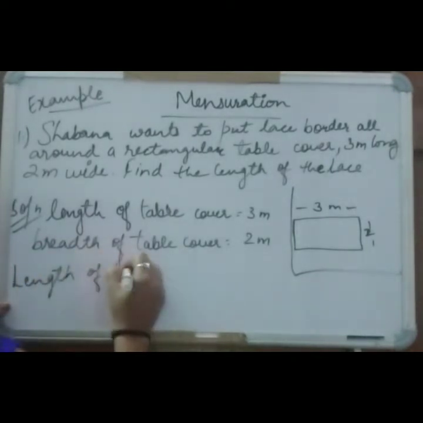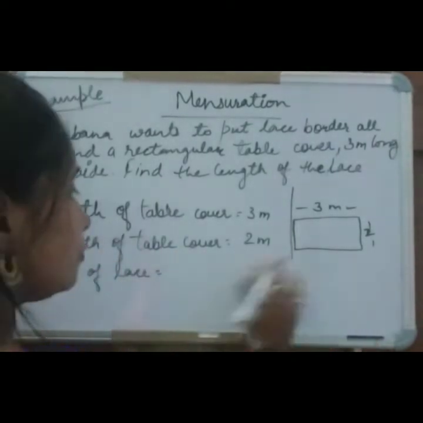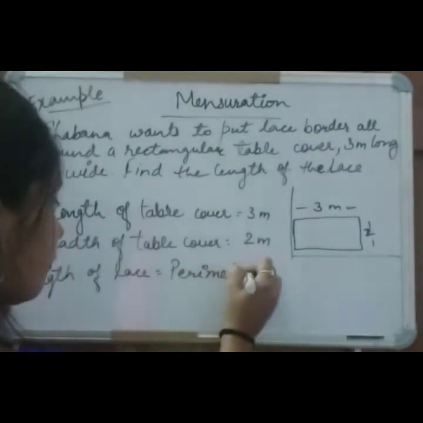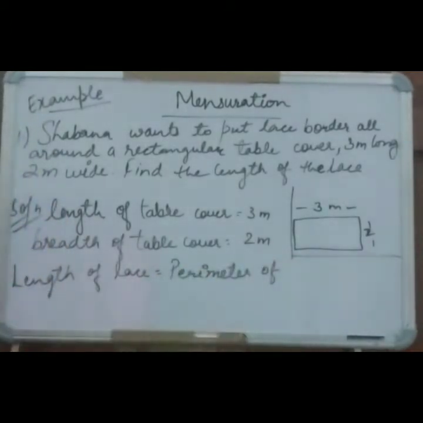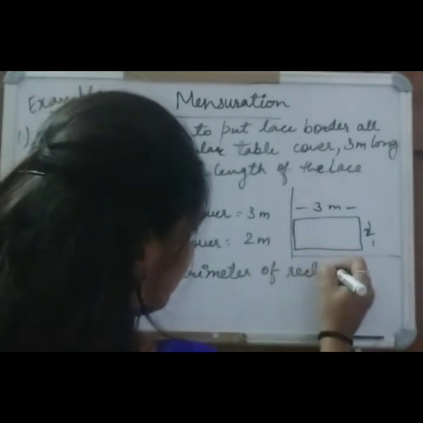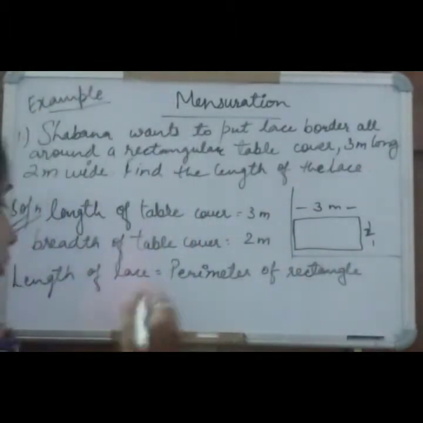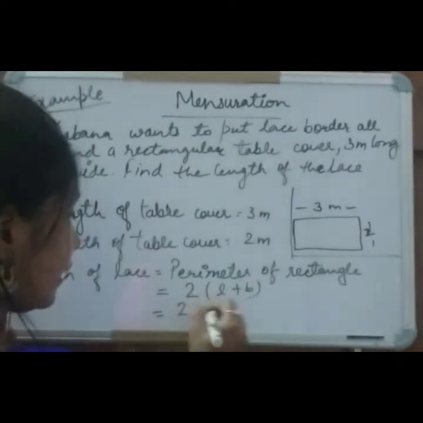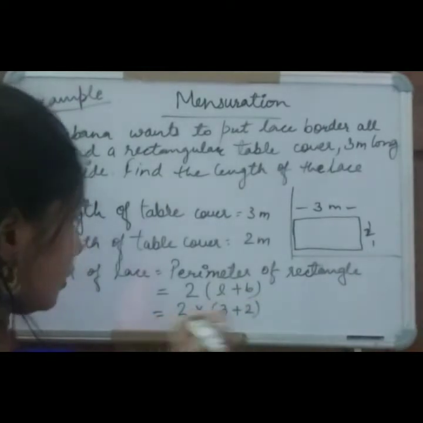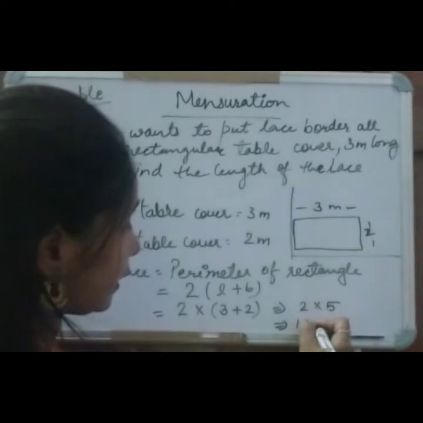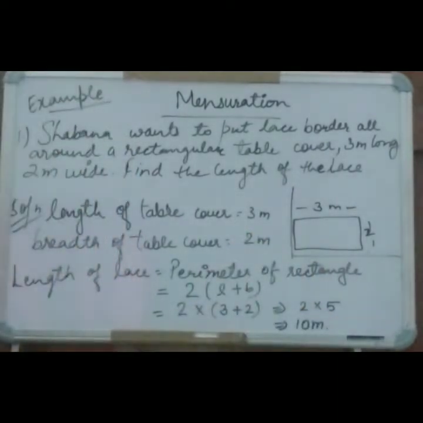Length of lace is equal to perimeter of rectangle. So it is 2 into (L plus B). L is 3, B is 2, so this is equal to 2 into 5, that is 10 meter. So lace is 10 meter in length. Good.